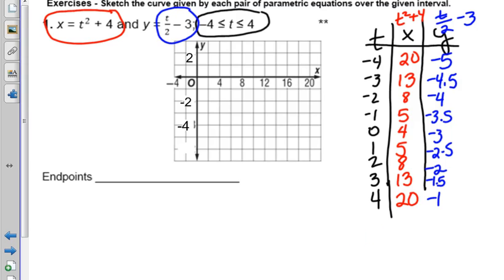All right, when we go to plot the points, what are we plotting? So it starts at 20, negative 5. This is counting by 2's going across, 2, 4, 6, okay? And the graph paper going down is going down by 1's. Pretty good. So over to 20 and down to negative 5 is here. The second ordered pair is 13, negative 4.5.